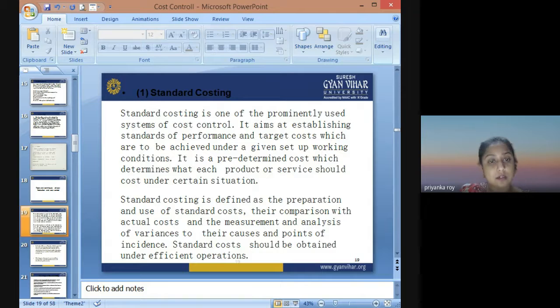Now, standard costing is defined as the preparation and use of standard costs, the comparison with actual costs, and the measurement and analysis of variances to their causes and points of incidence. The standard cost should be obtained under efficient operations.